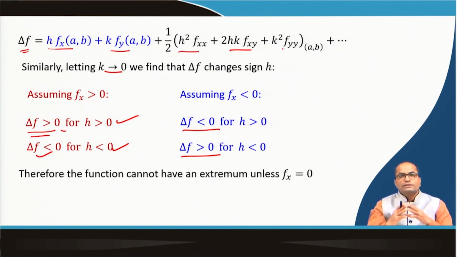Therefore, the function cannot have an extremum unless this f_x is equal to 0. So, here we have seen that f_x must be 0, otherwise this cannot be a point of local extremum.